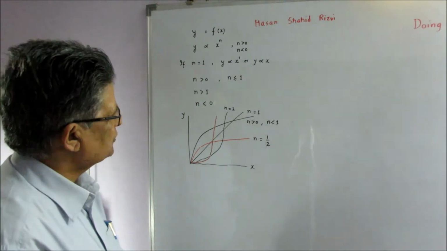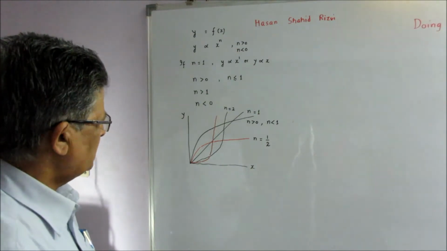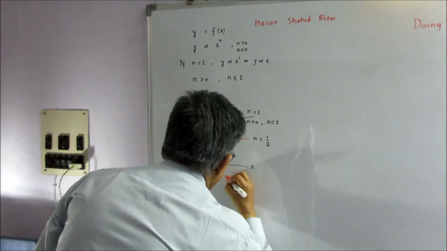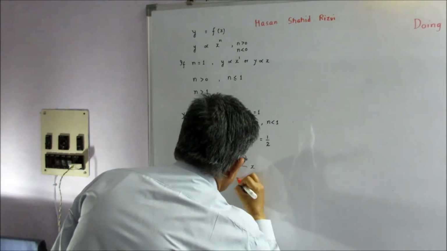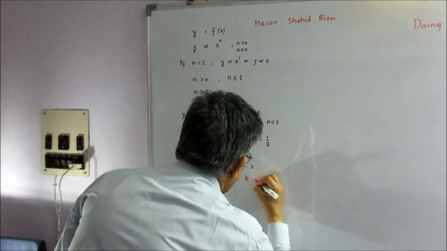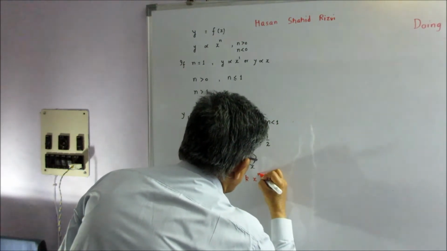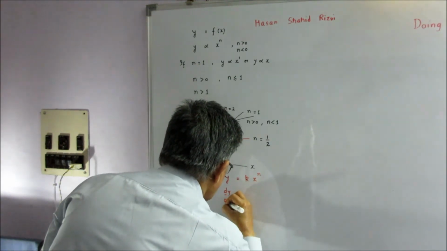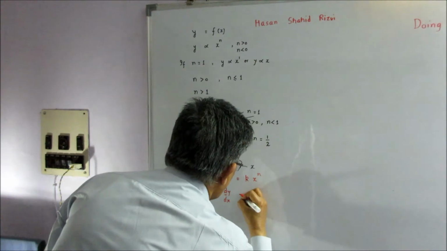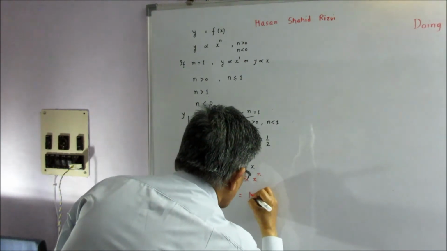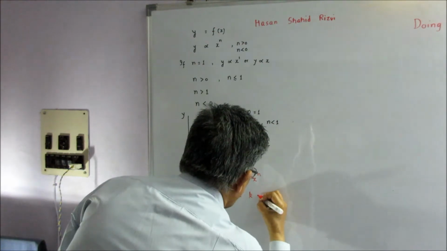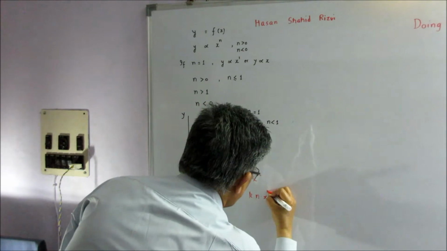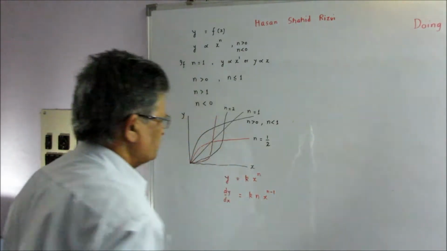And for the sake of the junior students, I'll just put in the differentiation of a function y is equal to k x to the power n. Then dy dx or the rate of change of y, this turns out to be, the constant will remain as such, x to the power of, first n, x to the power of n minus 1.